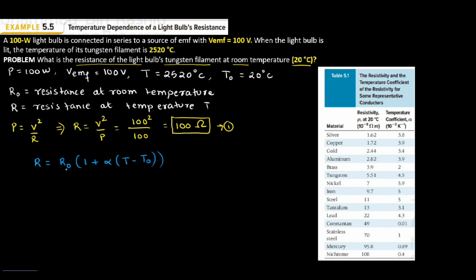If I want to find R naught, I will divide R with the rest of the term. So R naught will be equal to R over 1 plus alpha times T minus T naught.